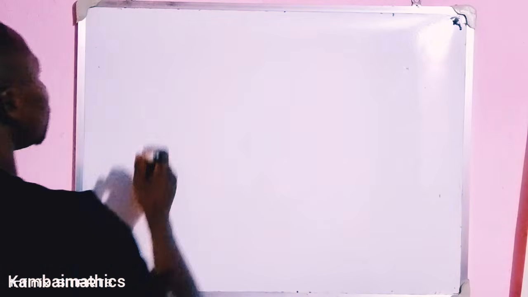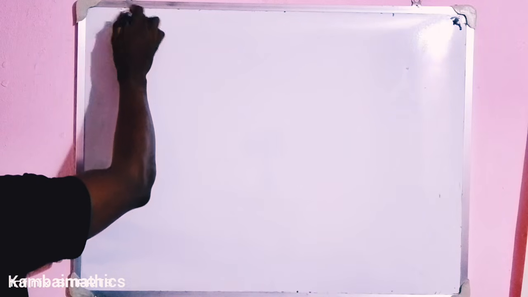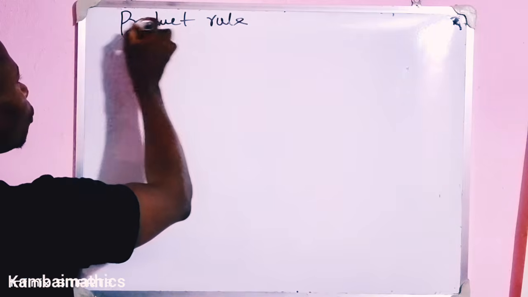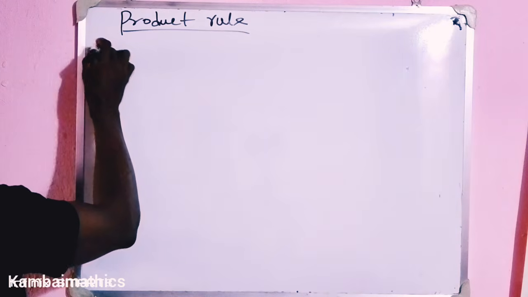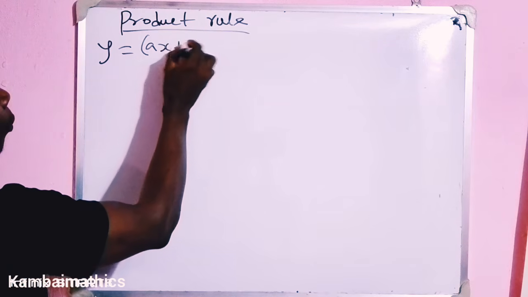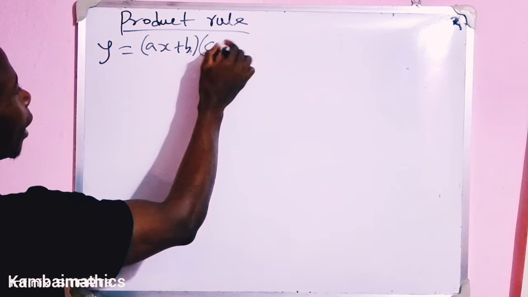So here, let's assume that the next subtopic is product rule. In product rule, what if you have a derivative of y equals (ax plus b) times (cx squared plus d)?